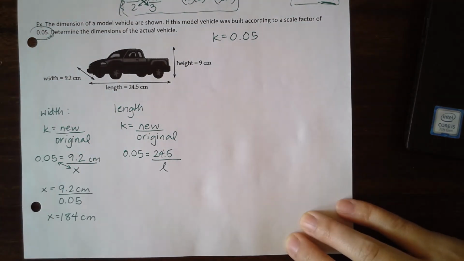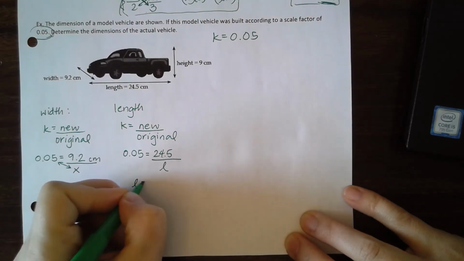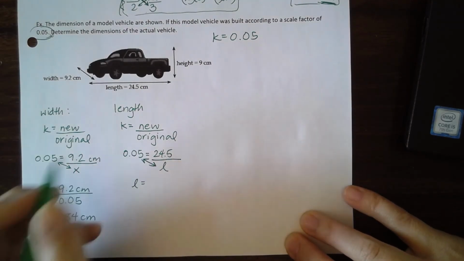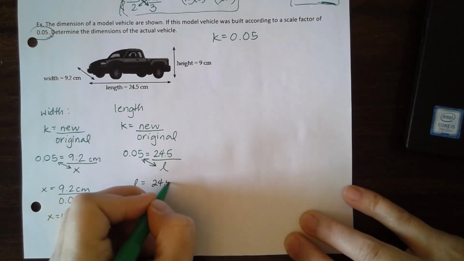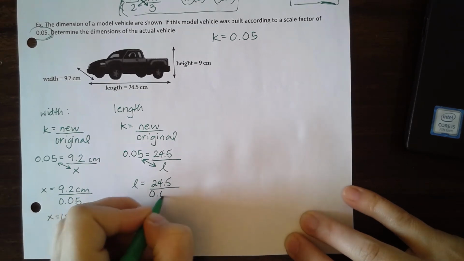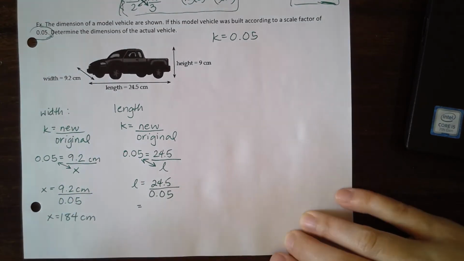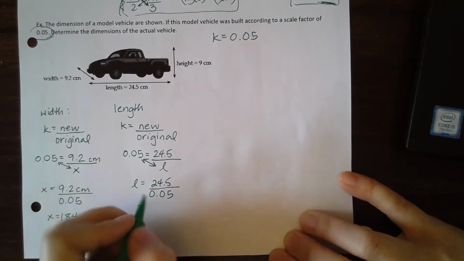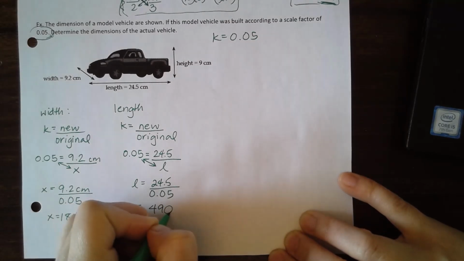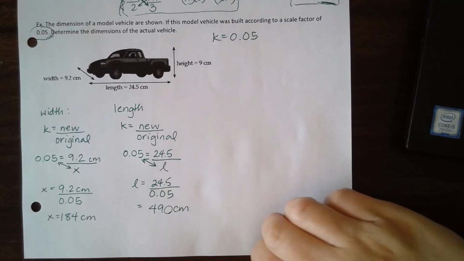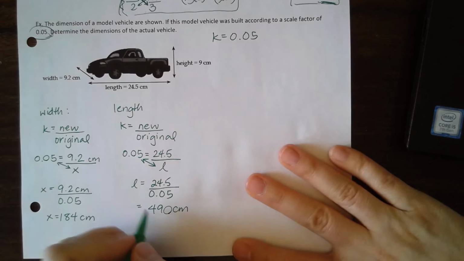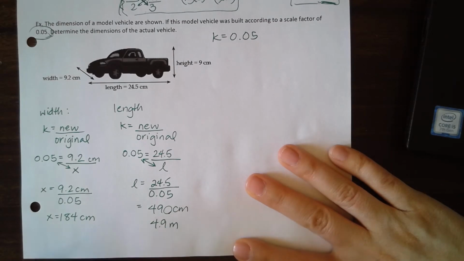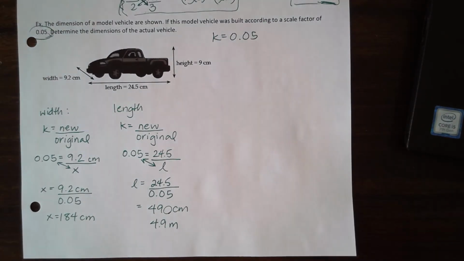I'll call that L. L equals, switch these guys around, 24.5 divided by 0.05, and the original length is 490 centimeters, which is 4.9 meters. That is a very reasonable answer for the length of a truck.